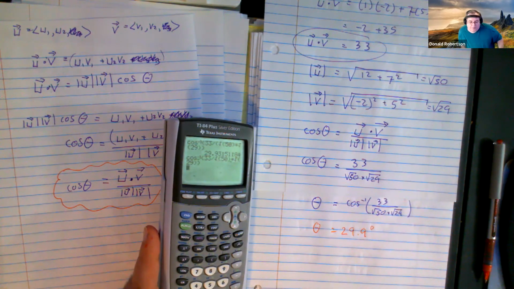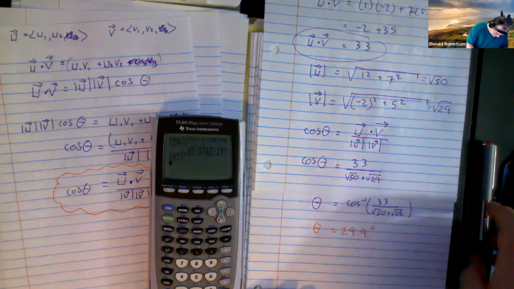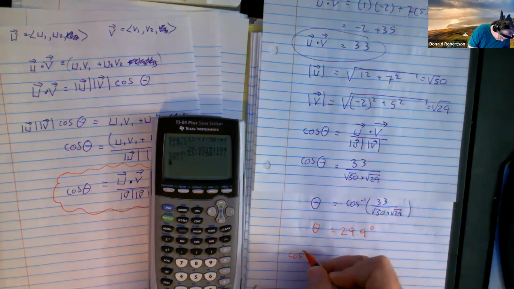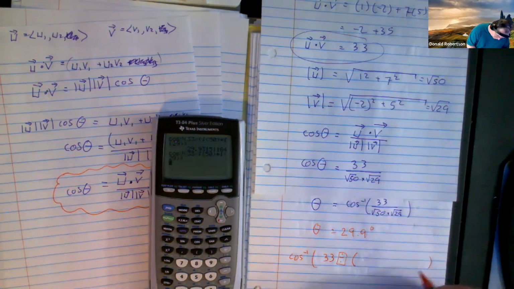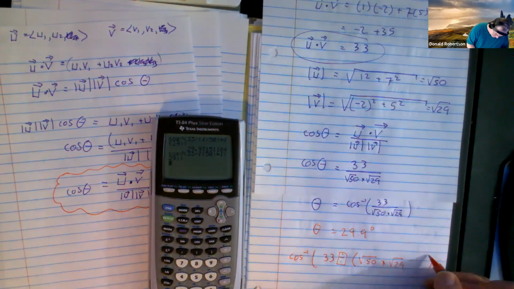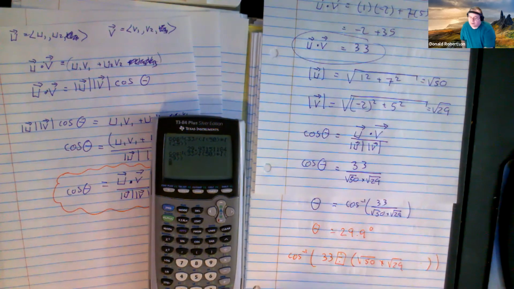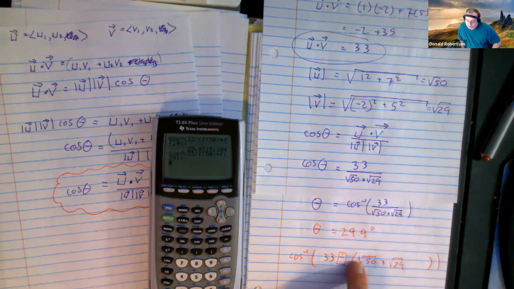What's the problem? Looks the same, doesn't it? When you're doing it in your calculator, you need to put those two guys inside their own bracket. Why do you need this inside its own little extra bracket?